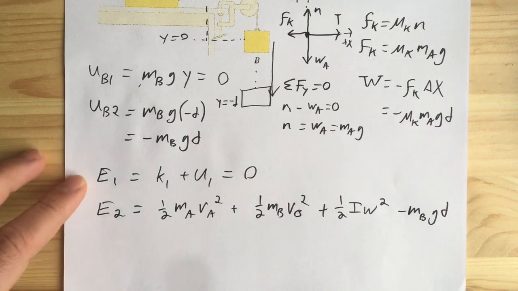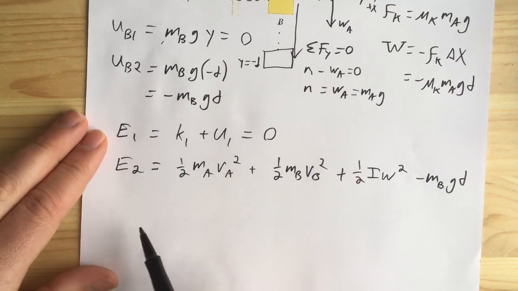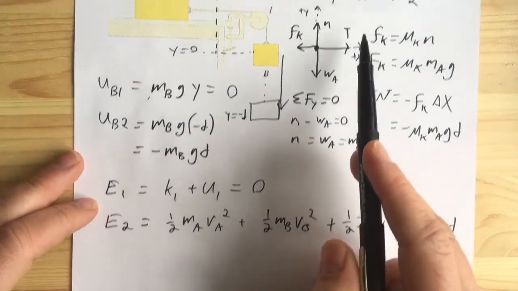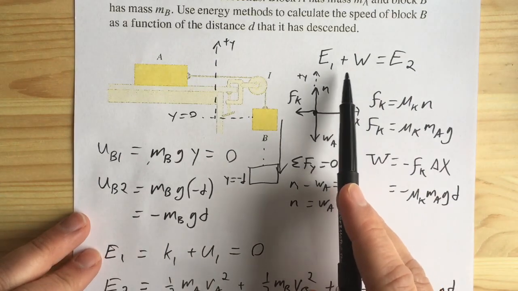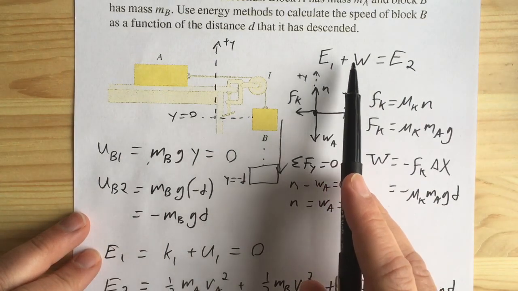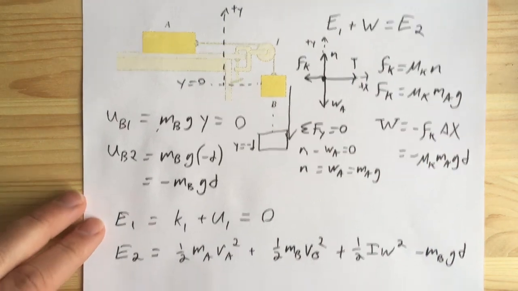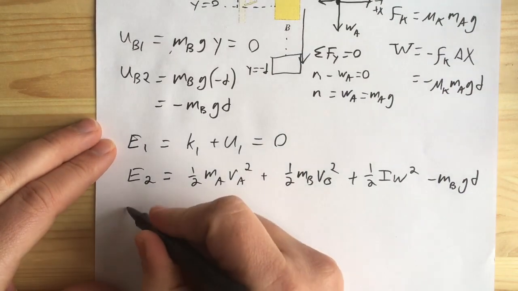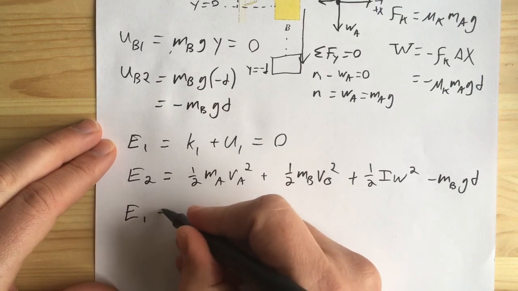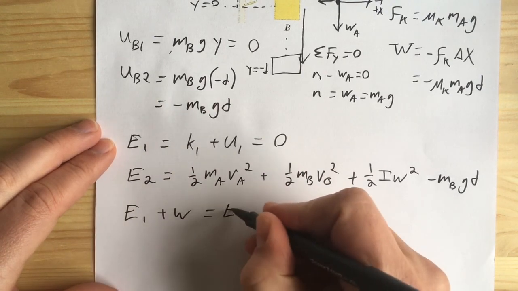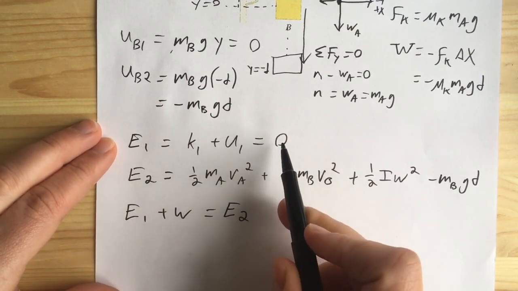And then putting it all together, we can use our original equation. Whatever energy we start with, minus whatever energy is leaving the system, leaves us with whatever energy we're finishing with. So let's do that. E1 plus work is equal to E2. E1 is equal to 0.